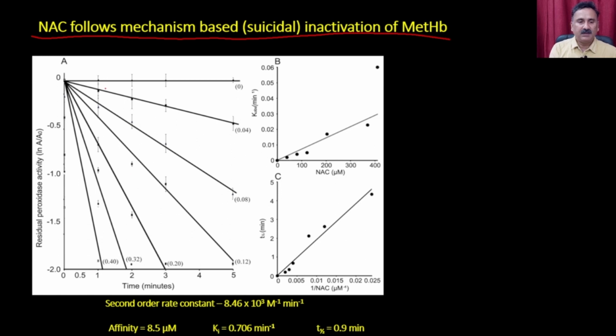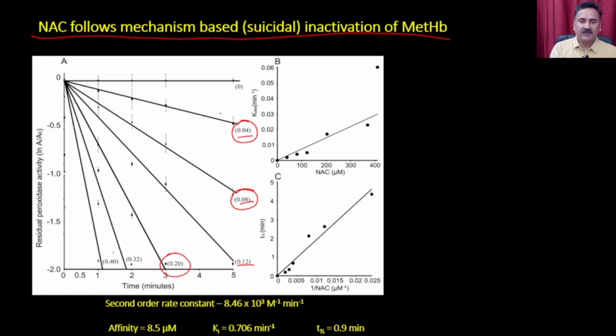In the suicidal kinetics, you take a reaction mixture and take out the enzyme at different time intervals, for example 0.04, 0.08, 0.12 and so on. You allow the inhibitor to react for these time points.